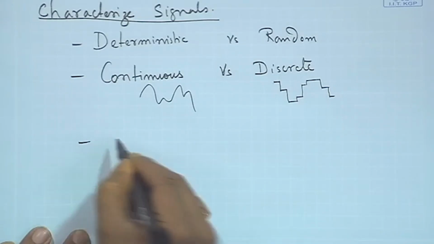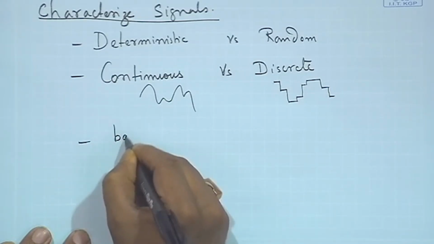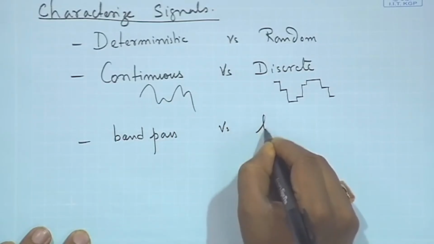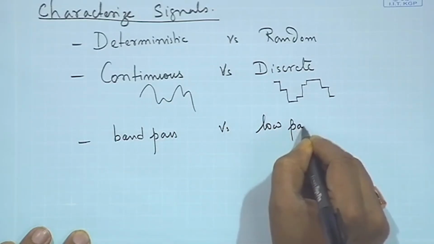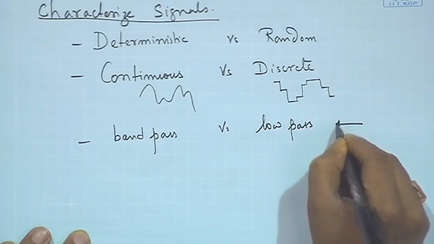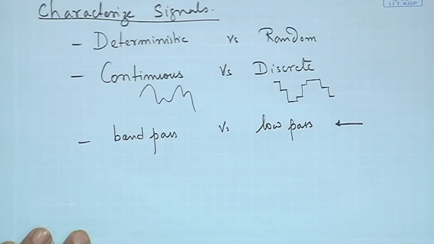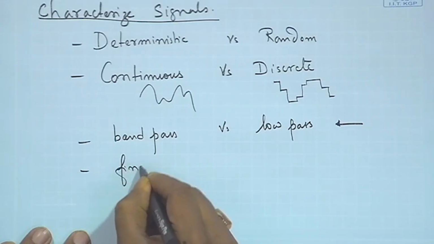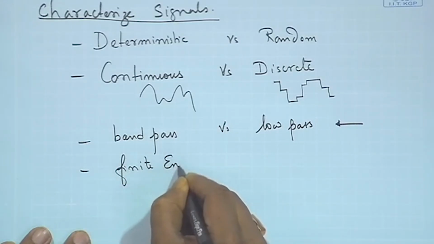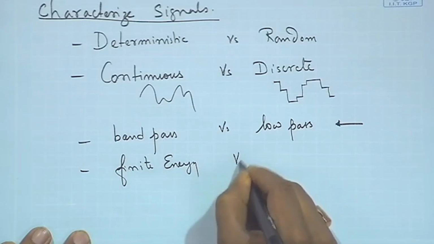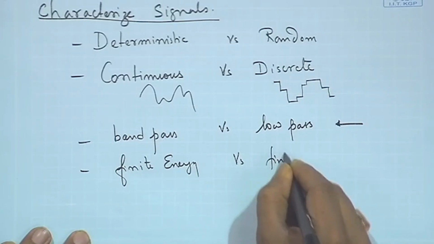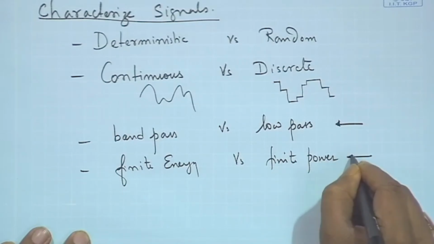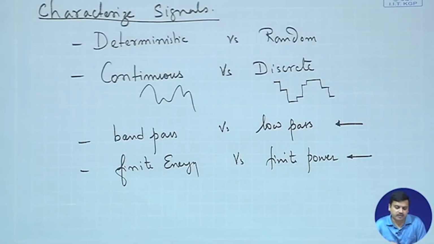You could say I could characterize signals based on band pass versus low pass, and this is what we are going to see very soon. You could say I would like to characterize based on whether they are energy signals with finite energy versus whether there is finite power, and so on and so forth. You could go on characterizing them.